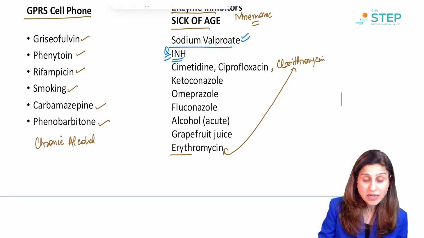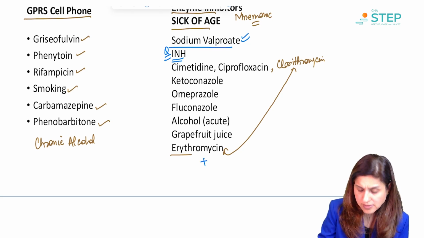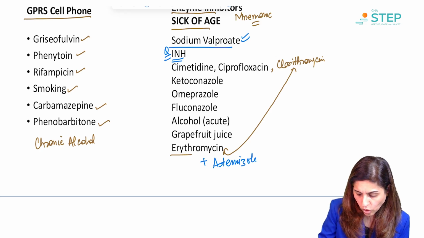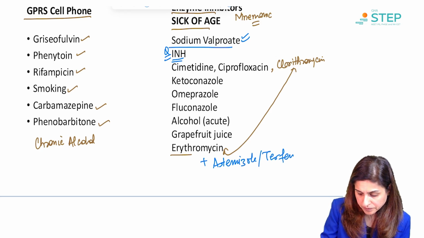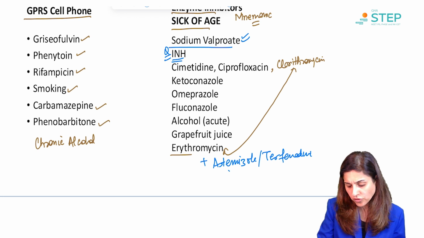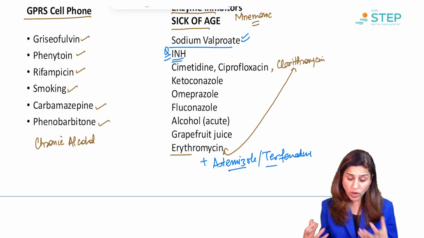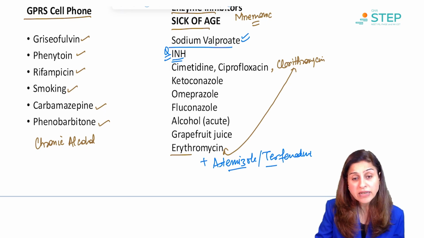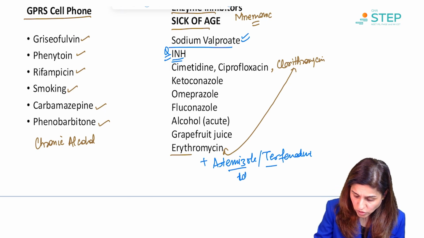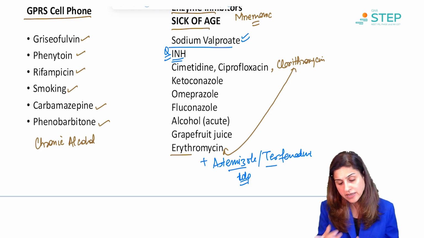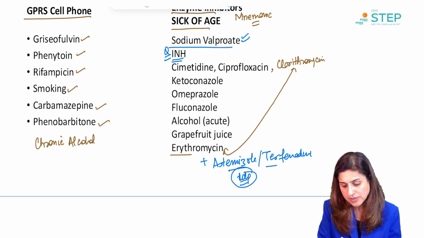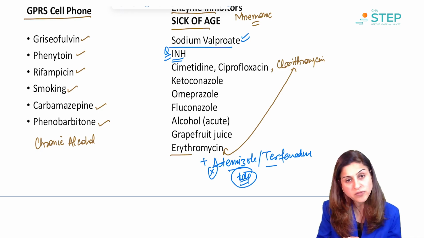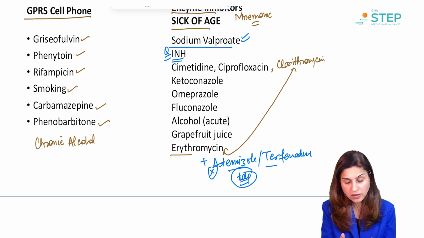Similarly, there was another question which was asked: if you give erythromycin with a drug called astemizole, or you can give terfenadine. Both of them are antihistamines. Normally, astemizole and terfenadine have a tendency to cause Torsades de pointes. But when you give erythromycin with these drugs, it inhibits their metabolism and further increases the drug levels in the blood.